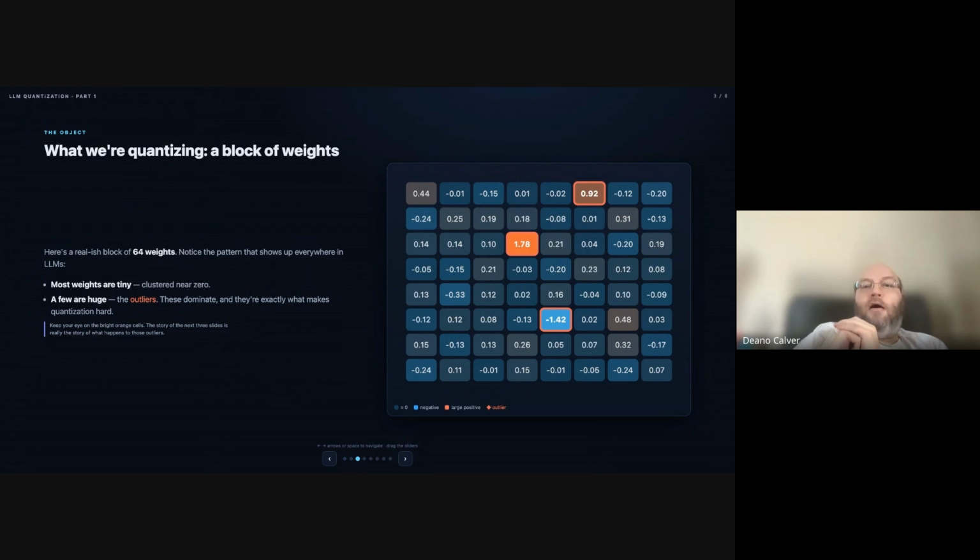Most of them are near zero or around about zero, all these bluey ones, dark bluey ones, grey, and then there are a few outliers which are way off zero, maybe 1.78, minus 1.4, or around about -1. The actual outliers can be quite vastly more than the outliers in this, but there's still a relatively low number of them compared to most of the weights around zero.